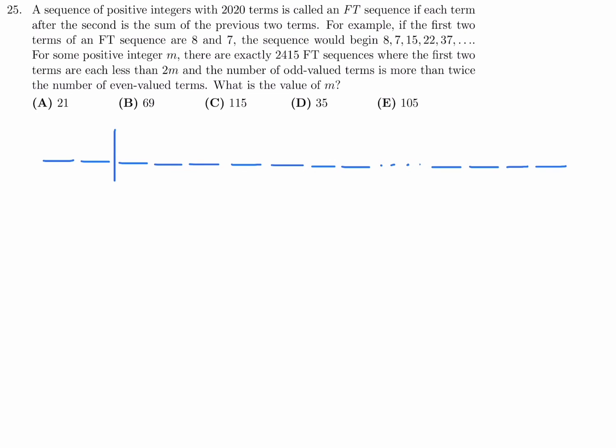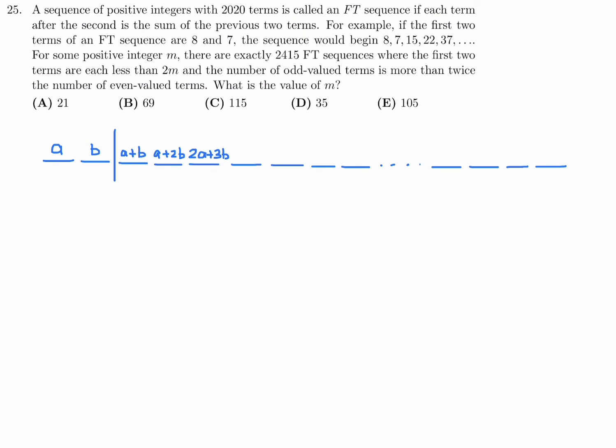And with those 2 terms, we are going to create this sequence, which basically is as follows. If the first term is, let's say, A, the second term is B, then each term is basically an addition of the previous 2. So this would be A plus B, this would be A plus 2B, which is the sum of this and this. And then the next term would be the sum of the previous 2, which would be 2A plus 3B, and so on, right?